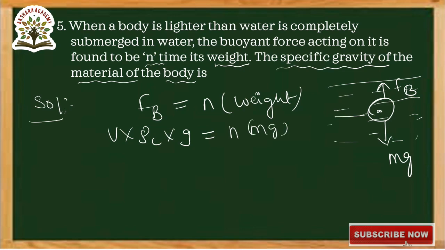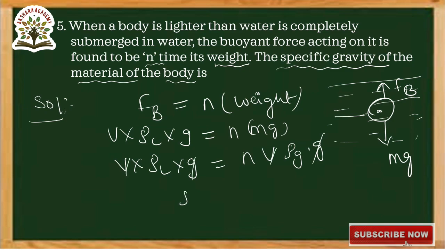So V into rho L into G is equal to, the mass can be written as V into rho B into G. G gets cancelled, V gets cancelled. So the specific gravity of the material of the body is rho B by rho L, density of body by density of liquid, is equal to 1 by n.